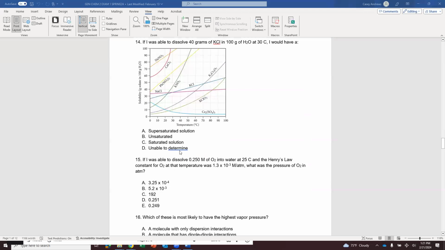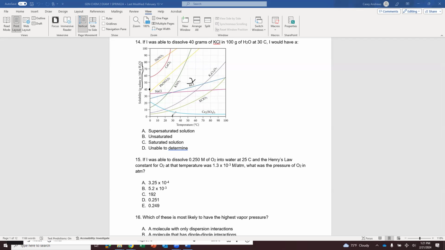All right, moving on. 14. If I was to solve 40 grams of KCl, so KCl is my blue, and 100 grams of water, that's what this actually says, grams of solute and 100 grams of water.